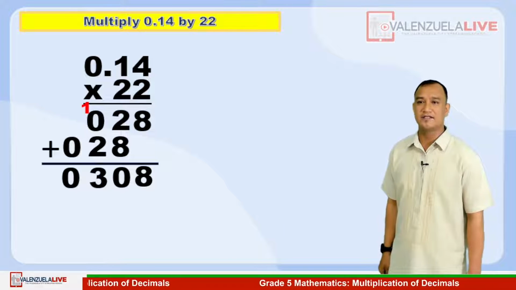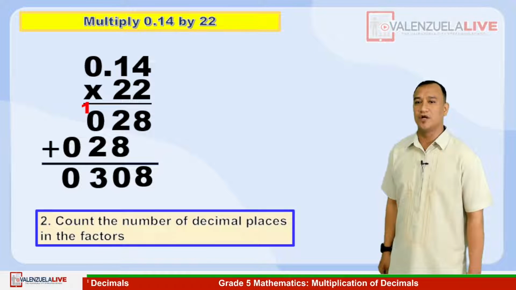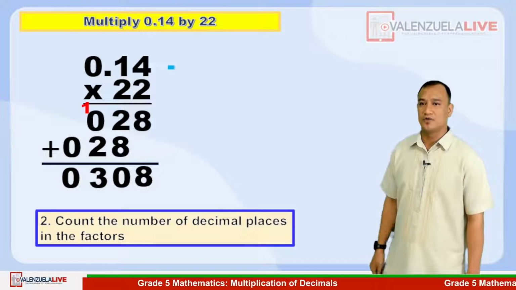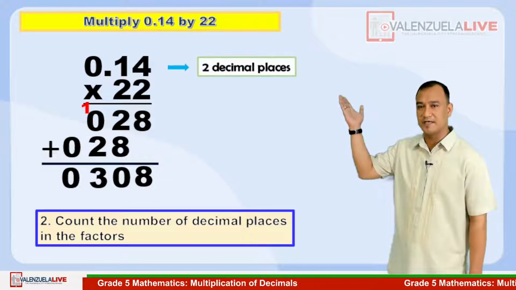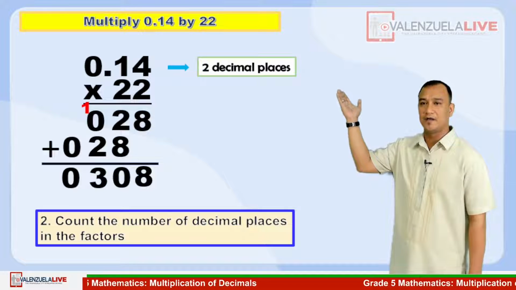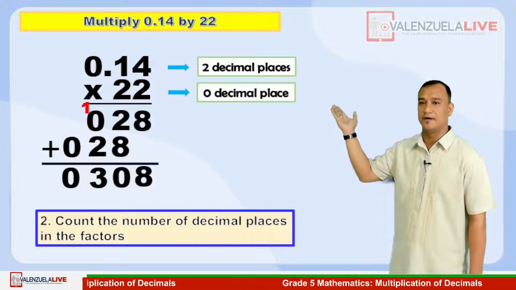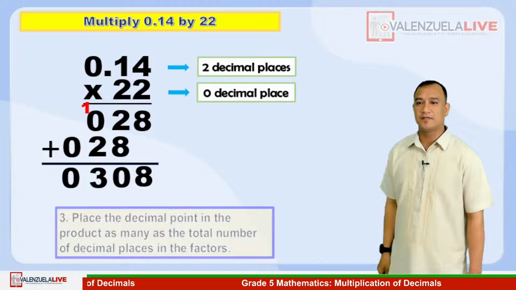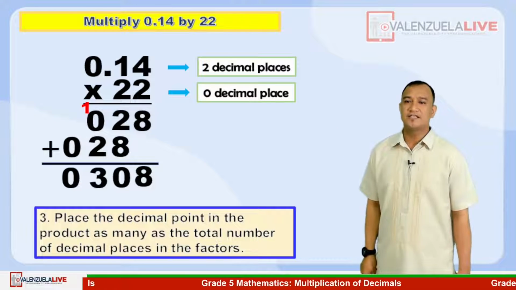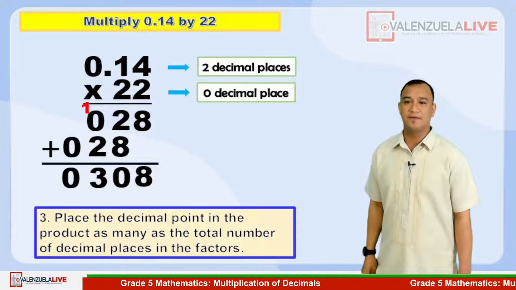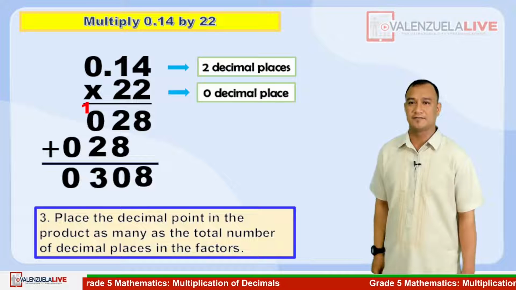For our second step, let's count the number of decimal places in the factors. So we have 2 decimal places in the first factor and 0 decimal places in the second factor. For our step 3, place the decimal point in the product as many as the total number of decimal places in the factors.